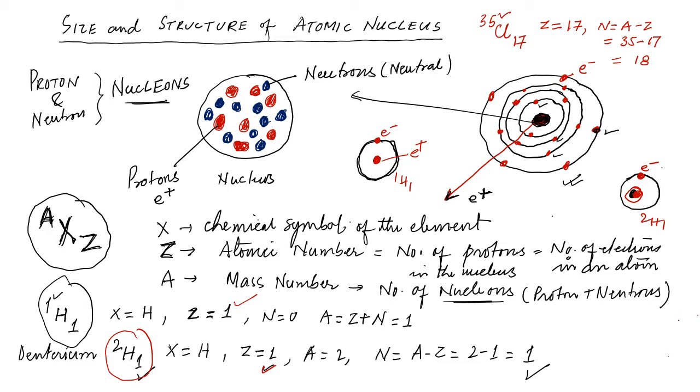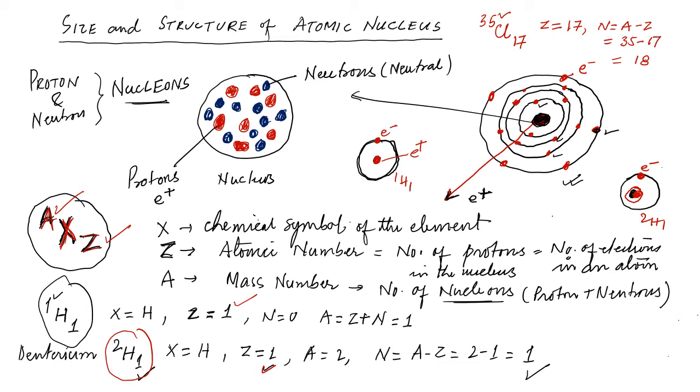This is how conventionally we represent the nucleus of an atom, which contains Z number of protons, the atomic number, and mass number A, which gives you the number of neutrons in the nucleus.